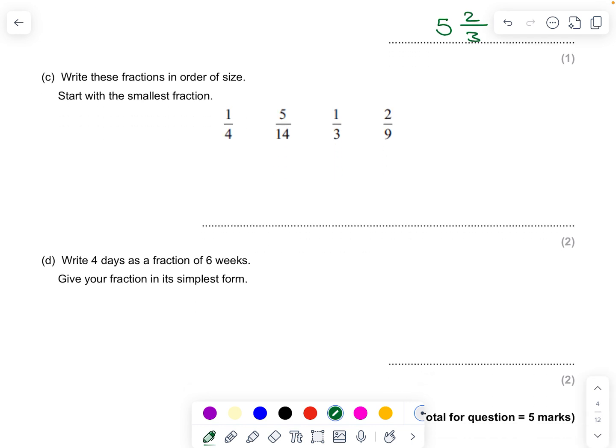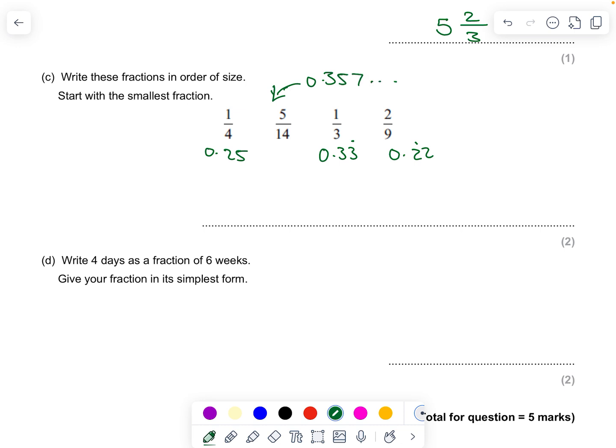Okay, fractions in order. You should know that this is 0.25. So these are some of the ones you should know. 1/3 is 0.3 recurring. This is 0.2 recurring. The one you perhaps may not know, hopefully you try to work it out by doing the bus stop method, is about 0.357.